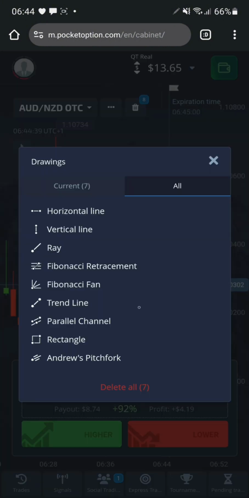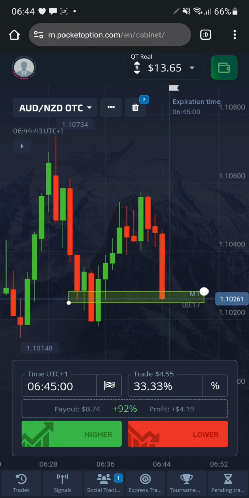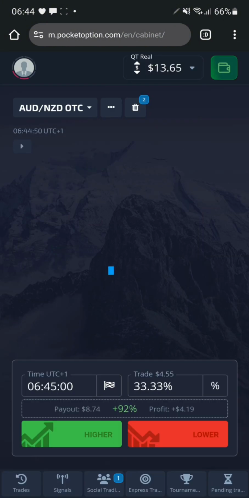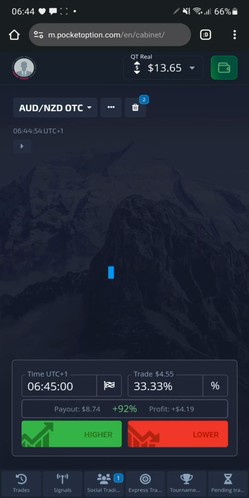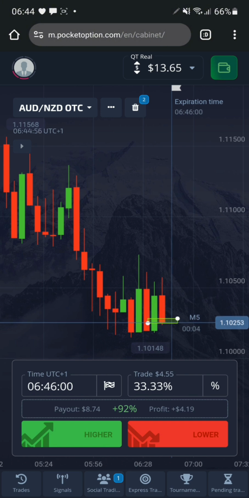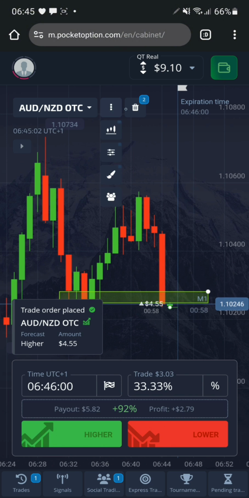We have to be very fast with this. Let's check. We have to be very fast with this QM level. Let me see if we can get. Okay, there's no M3 confirmation, no M5 confirmation, so we'll not take it. We are not going to take it, but let's see if we can take this trade.